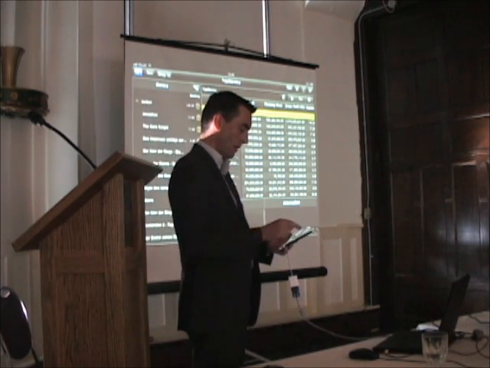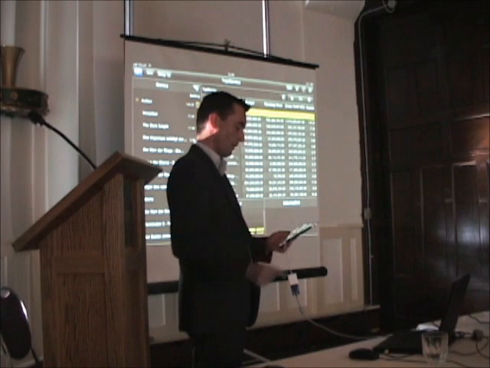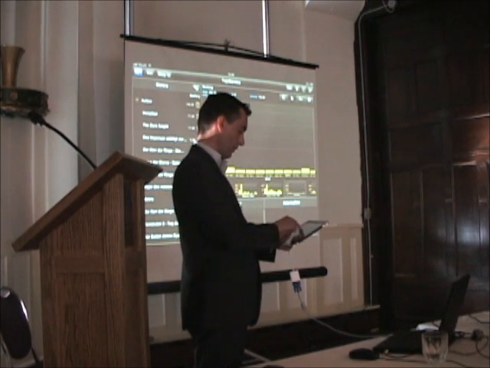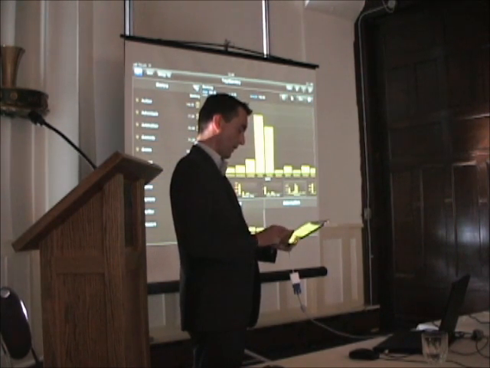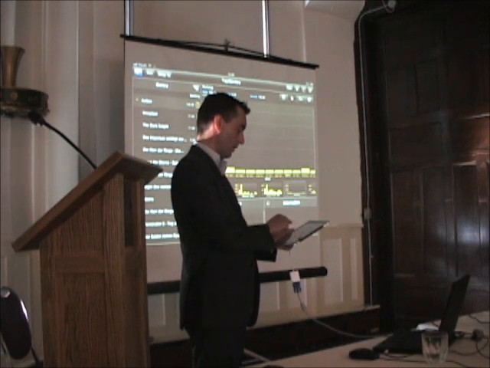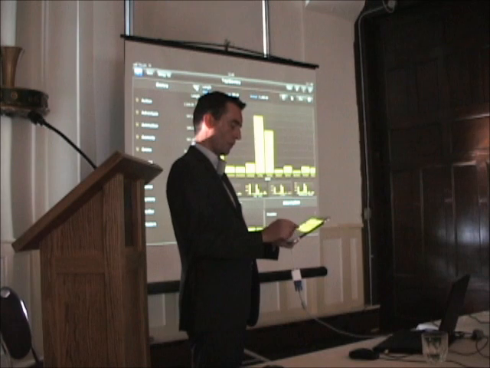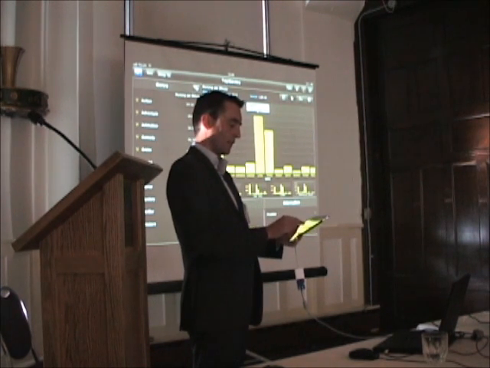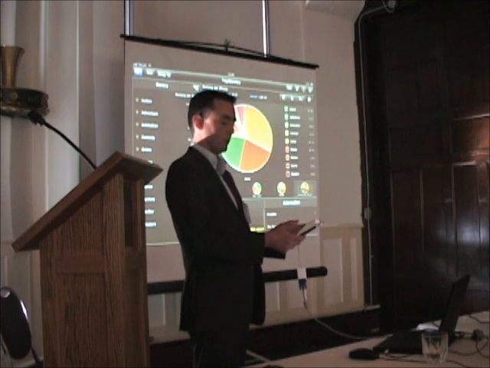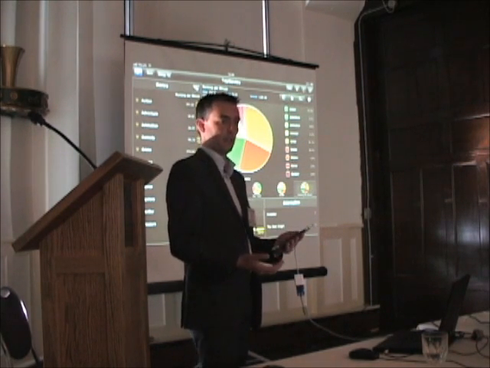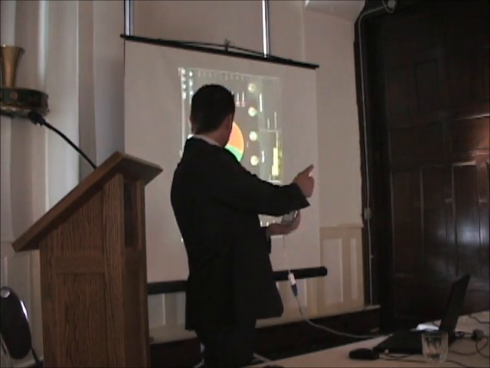I maybe want to see that as a bar chart. I see it as a bar chart, I get to the numbers, I can easily get to the details. Or I want to have it as a pie chart, and here I have it as a pie chart. I can also flip it.